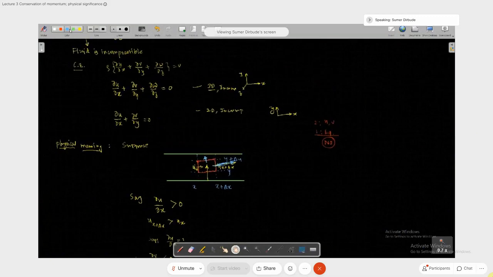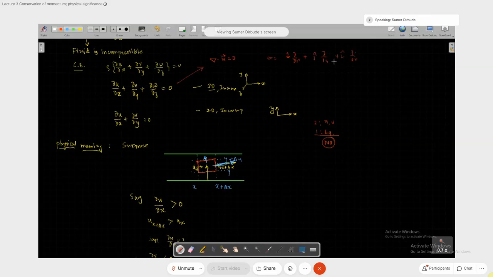If you convert this into vector notation, del is i cap del/del x plus j cap del/del y plus k cap del/del z, and u is i u plus j v plus k w.